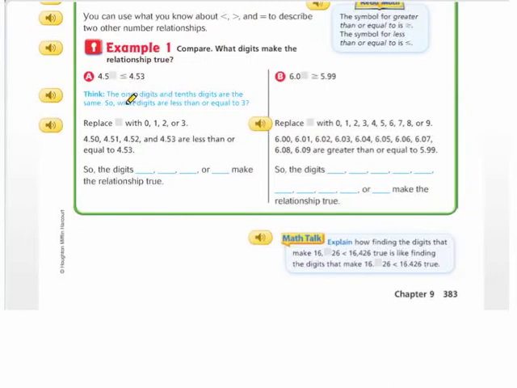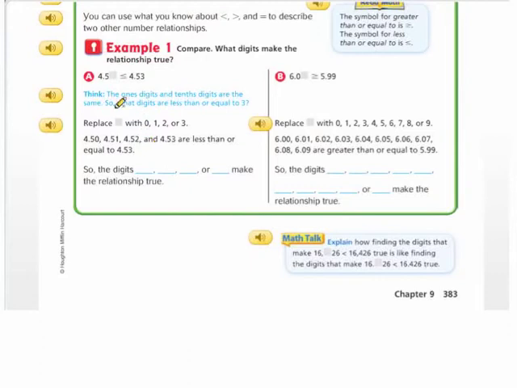So think, the ones digit and the tenths digit are the same. So what digits are less than or equal to 3? Since these are the same, we have to be less or equal to 3. So we're going to replace the square with 0, 1, 2, or 3.